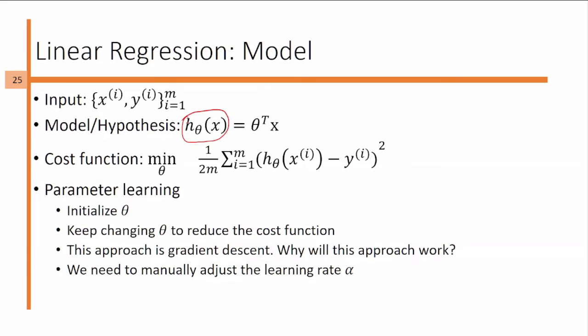This is the unknown function, which we call the hypothesis. Basically here we have the parameter theta transpose. If it is a two-variable case, it can be theta 0 plus theta 1 x and so on. So it's a straight line.